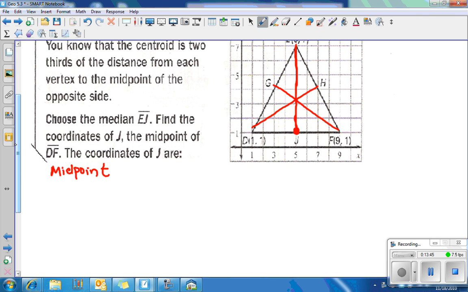I'm using the points D and F, which we said was (5, 1), and you can see it there. The coordinates of J we just said was (5, 1). And we need to find the midpoint between G and F and between D and H.